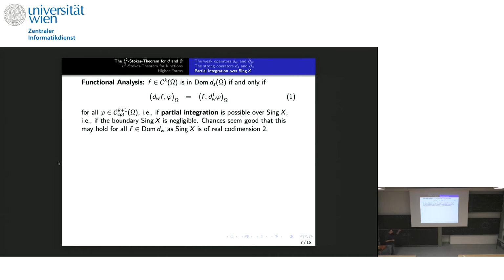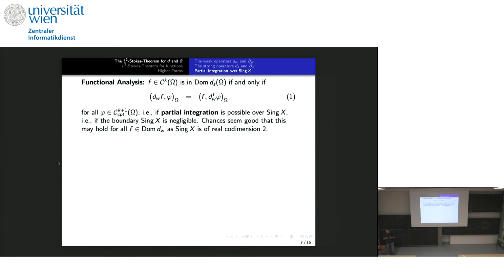So now the functional analysis, which I had already on the blackboard to the right. F in the domain of the D operator in the sense of distributions is in the domain of the strong operator if and only if you can do partial integration. So there are two directions.